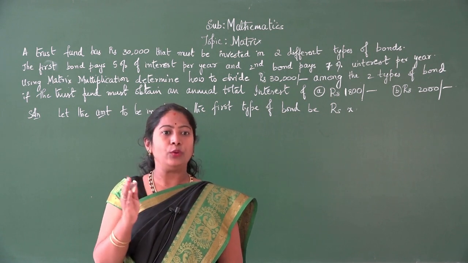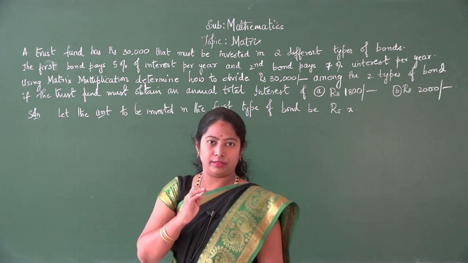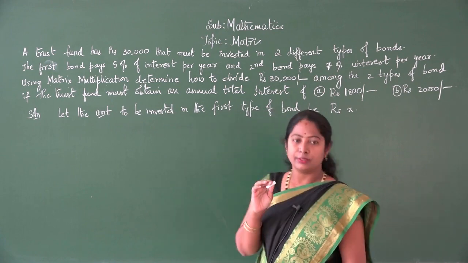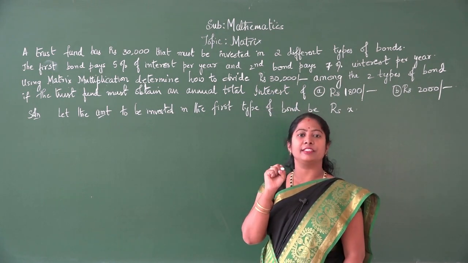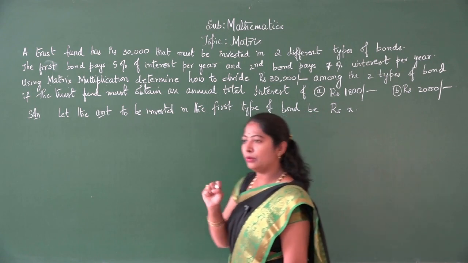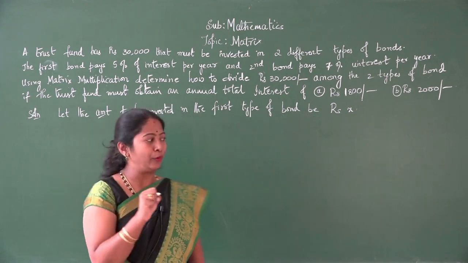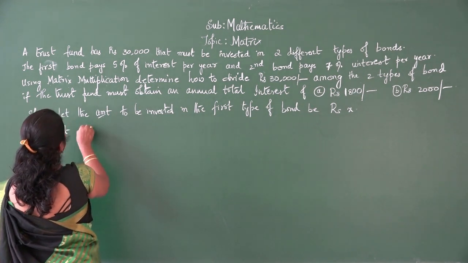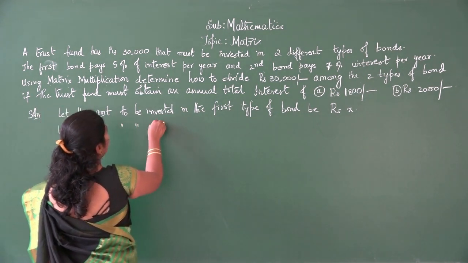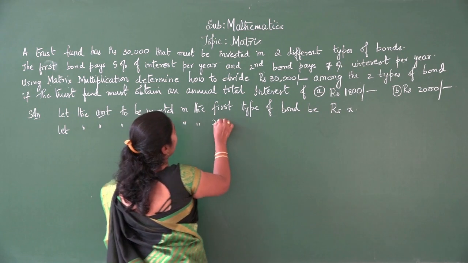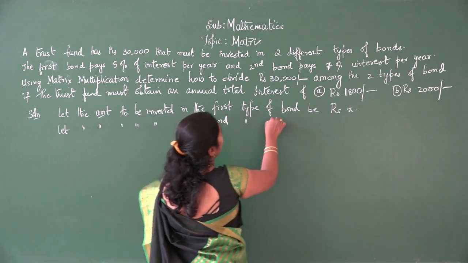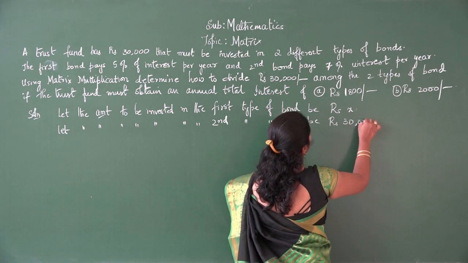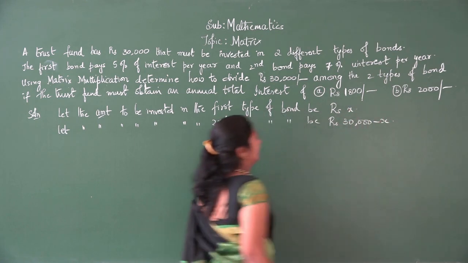We exactly don't know the amount which has to be divided into the two bonds. So, in general, we will consider it as X. So, the amount to be invested in the first type of bond is rupees X. Similarly, let the amount to be invested in the second type of bond be rupees 30,000 minus X.